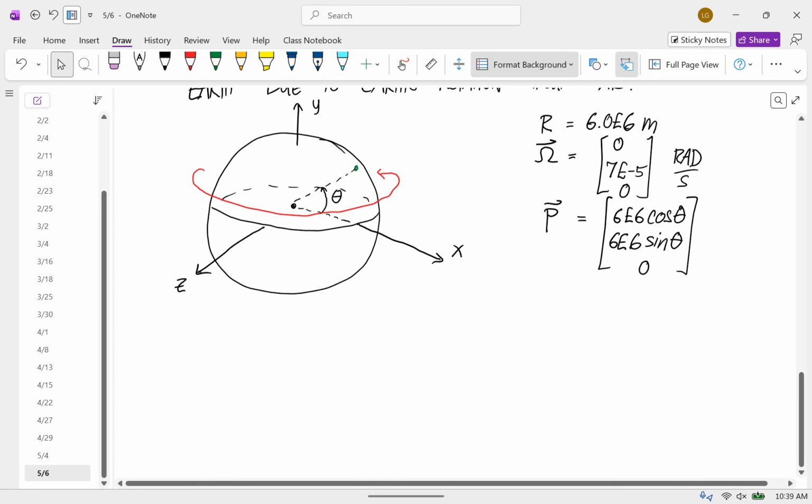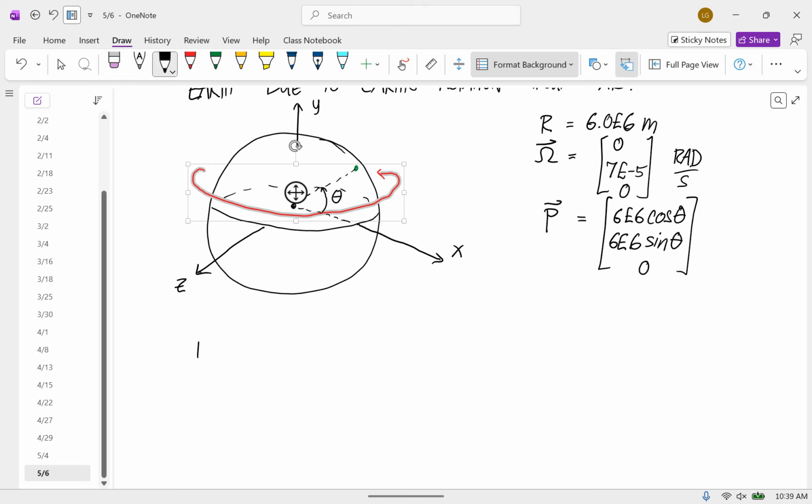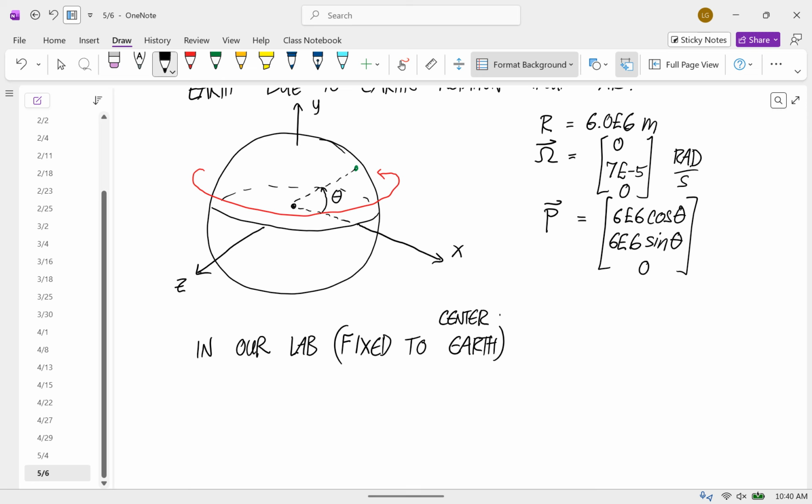And then I am going to say in our lab, which of course is fixed to the Earth, and I'm going to say fixed to the center of the Earth, so that we're going to treat the origin of the coordinate system as a fixed point.